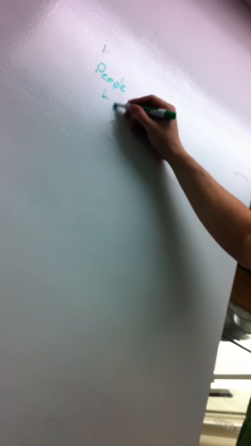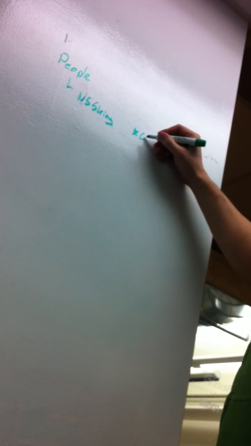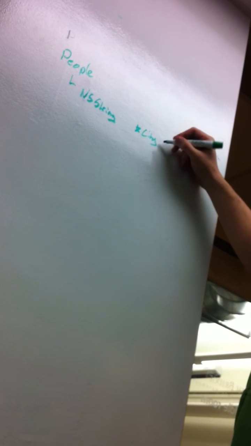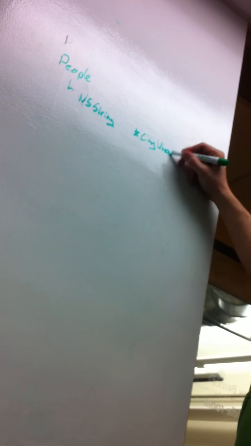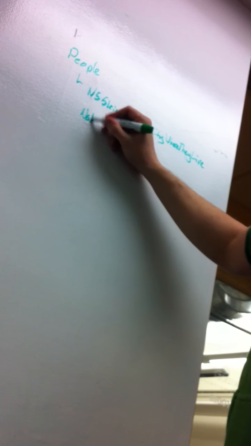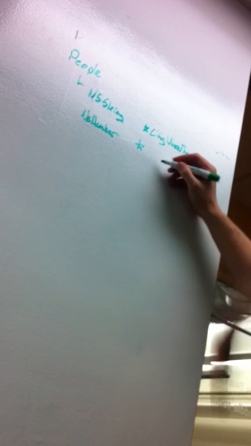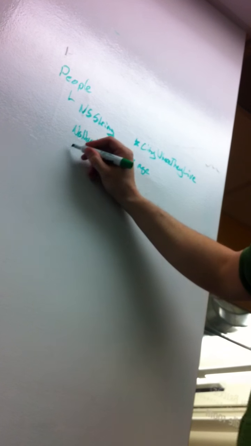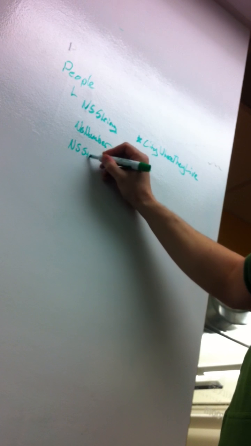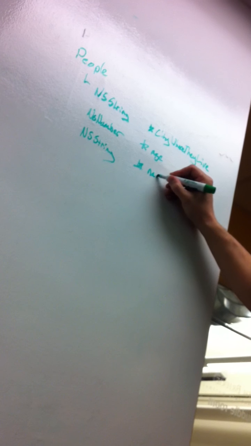It has an NSString called the city where they live, an NSNumber which we'll call their age, and an NSString which is called their name.